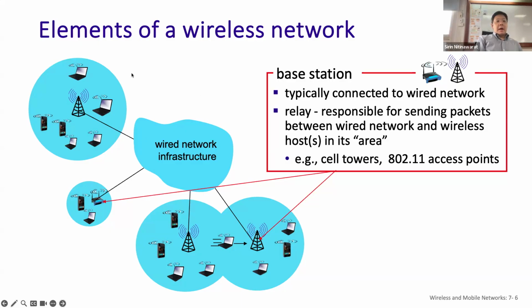Basically, after the cell towers, the connection will consist of both wireless links and wired links that will eventually connect everything to the core of the internet. So that when you use the cellular network, you can browse the web, for example. You can send email, because all the traffic has to go through the internet.